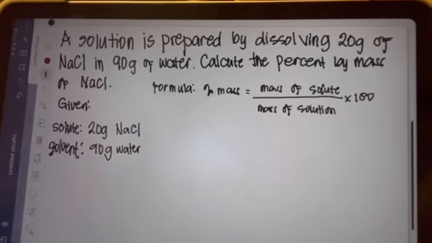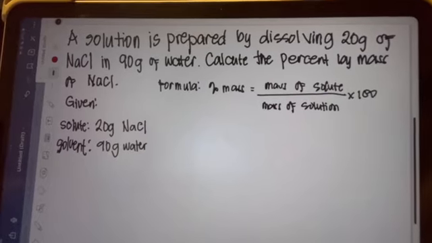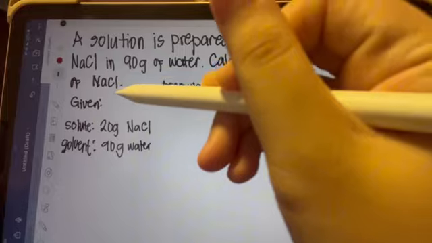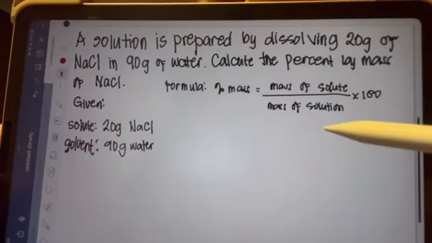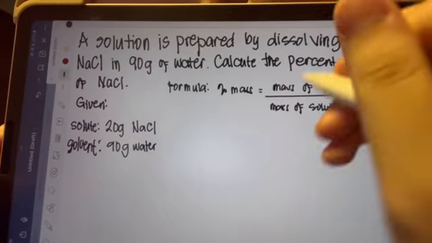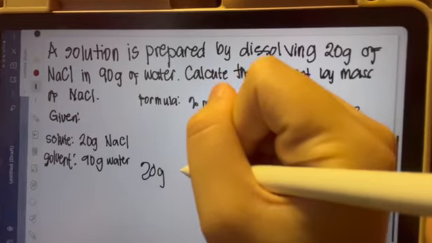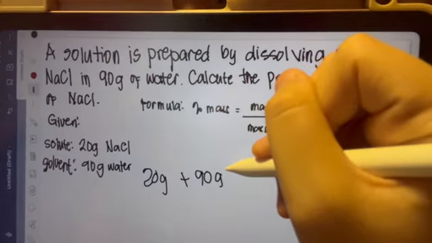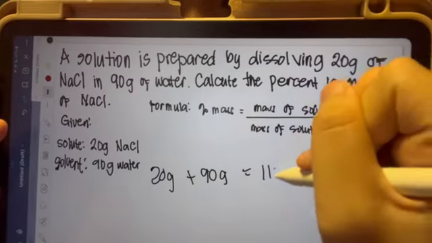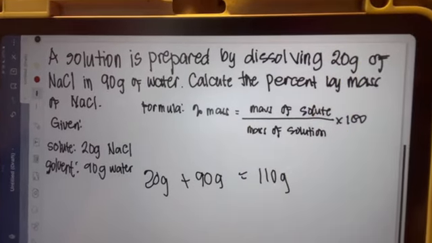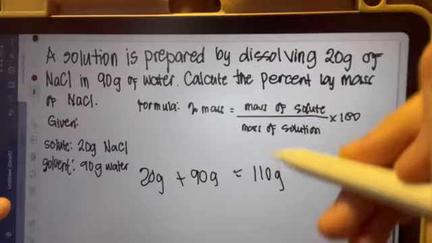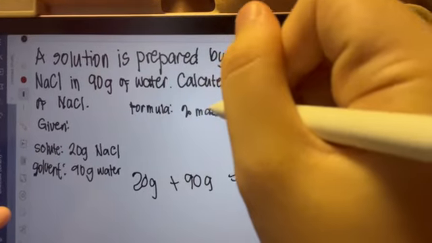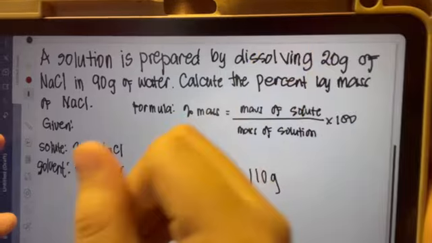So the first thing that we will be doing is to add the solute and solvent, since solute and solvent is equal to solution. So 20 grams of NaCl plus 90 grams of water is equal to 110 grams. So after solving this, now we can proceed in solving the formula of percent by mass.